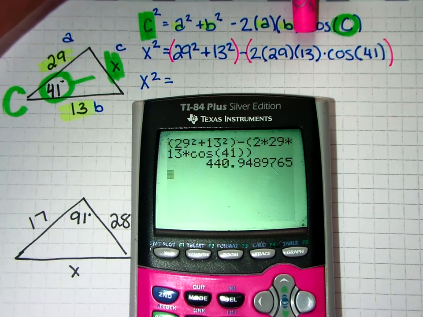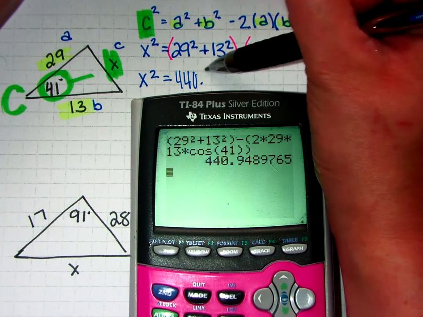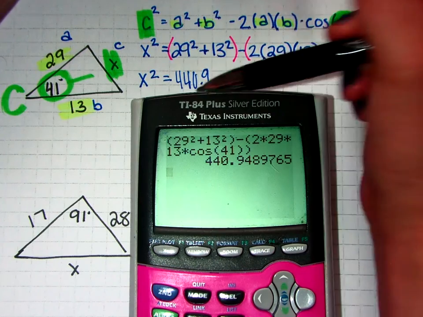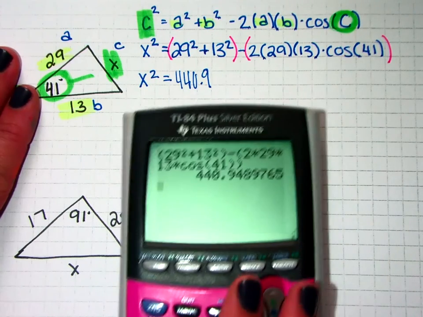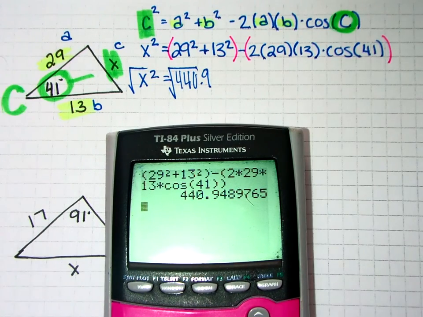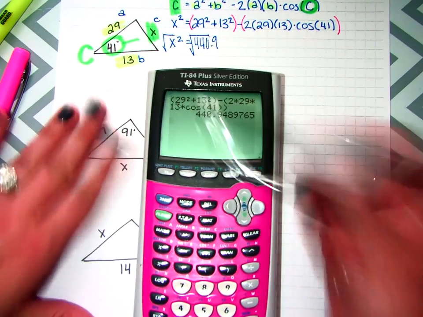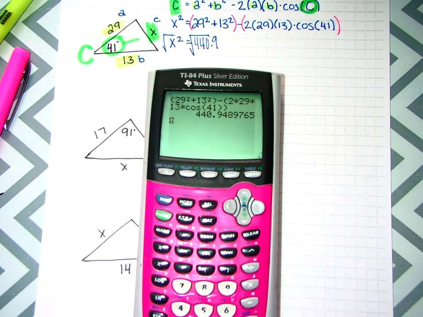Press enter, and we get an answer of 440.9. Now this is the x squared, so to undo the square, I need to square root. Your calculator will do this for you. So all you have to do is press second, and it will pop up the arrow, and then the x squared button is located right here.